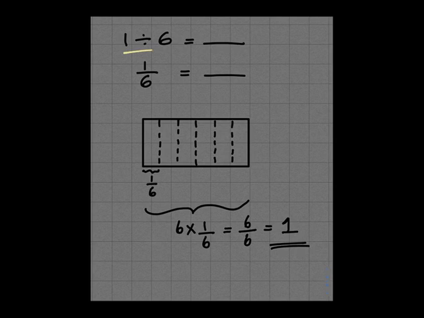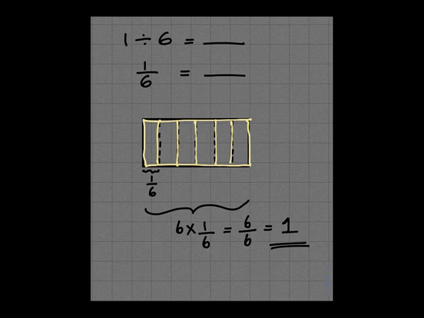Now let's divide 1 divided by 6. 1 divided by 6 can be written as 1 by 6. Let me draw a picture for the 1 by 6. To show it in a drawing, I have drawn one box divided by 6, right? So let me divide it into 6 units.